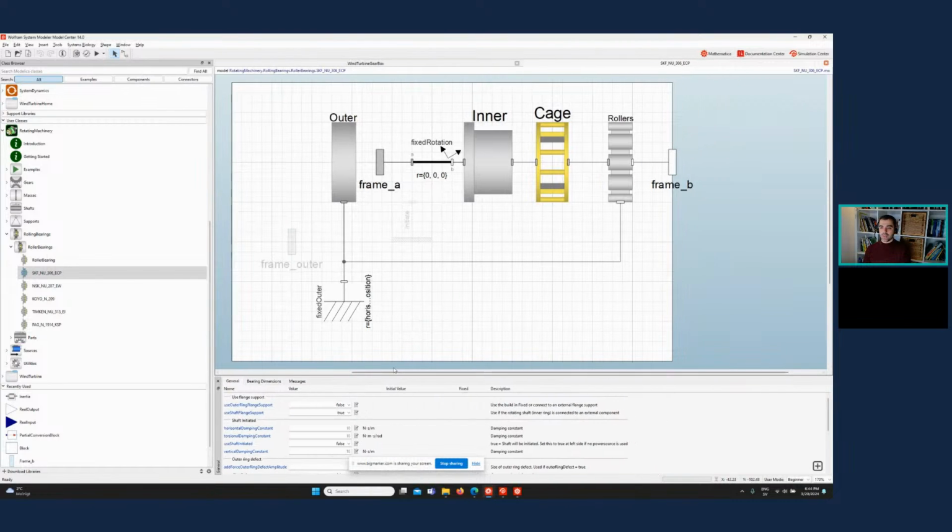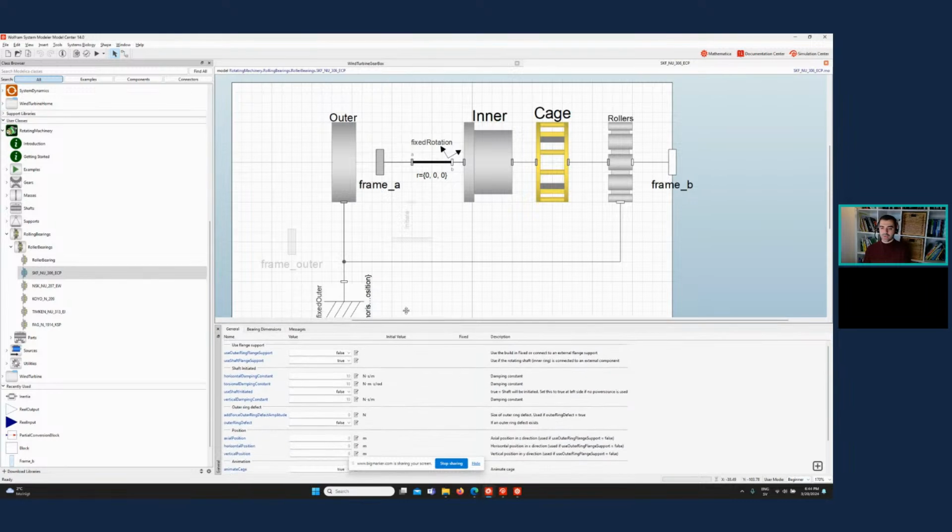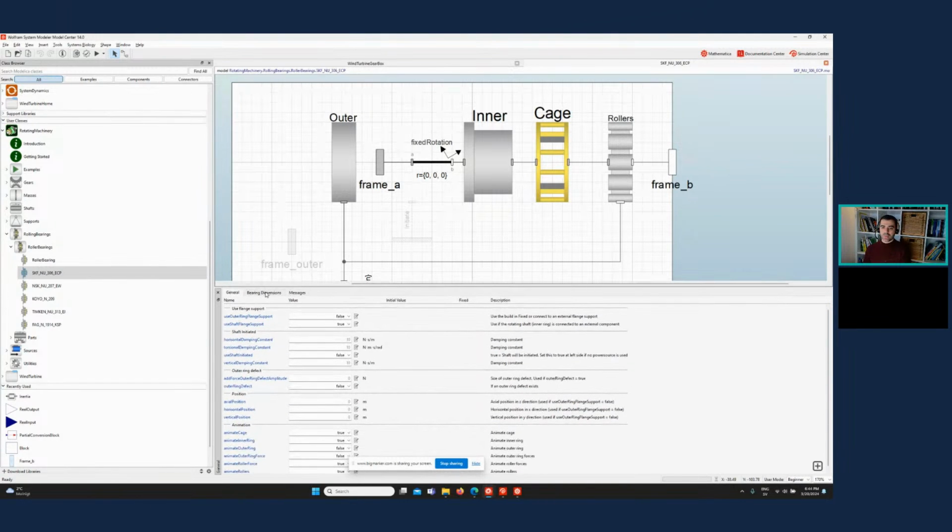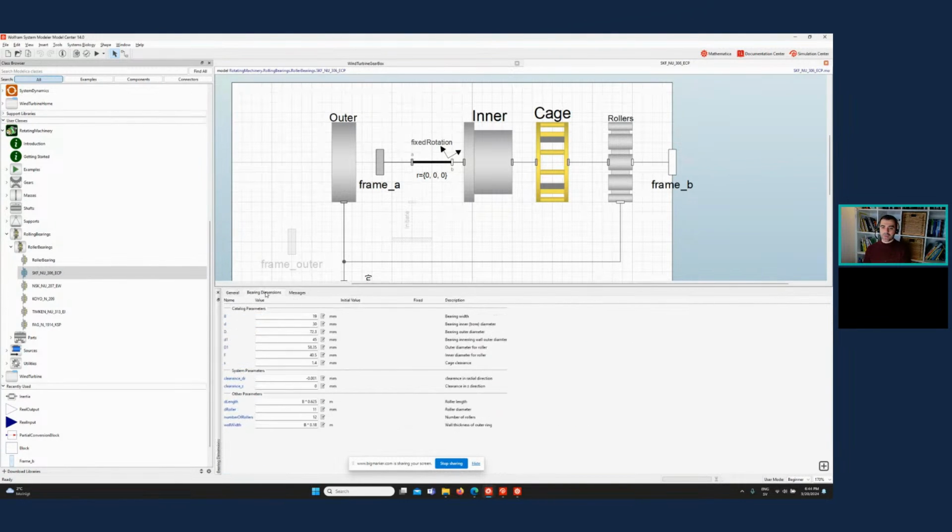Now I will try to show this part. You see we have the bearing dimensions over there. So the parameters you need to set are these. You will go to the catalog, go to the documentation and figure out how to read these parameters from the manufacturer.